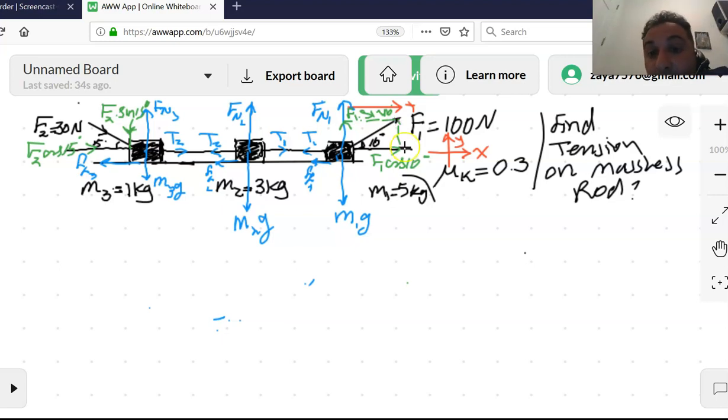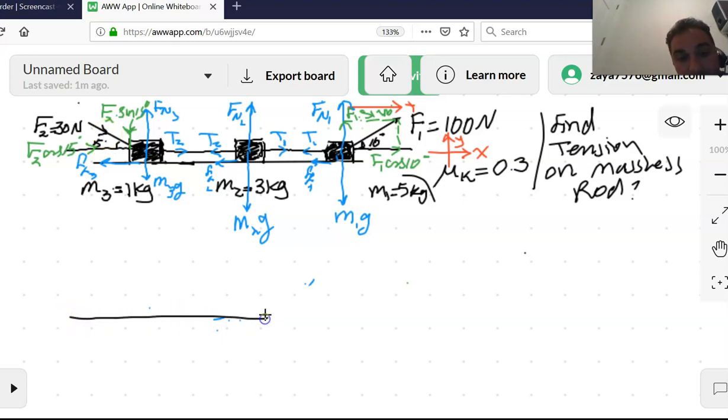That's why the green arrow must match the black arrow of force F1. Now look here. F2 pushes the object, correct? So the component arrows must match that force.